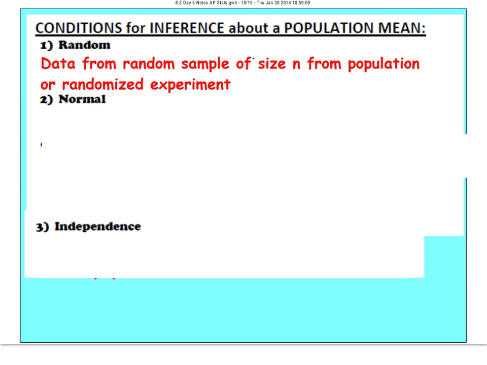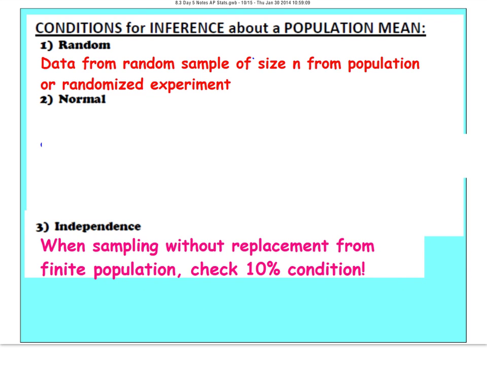Okay, let's go to independence because we've just talked about that. When you're sampling without replacement, remember, from a finite population, you must check that 10% condition. Again, it just says our population is greater or equal to 10 times our sample size. Keep in mind this independence rule really comes around because of the fact that we are sampling without replacement.